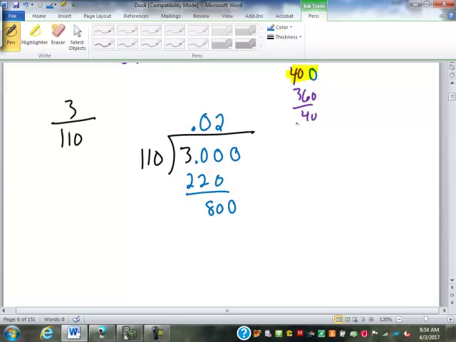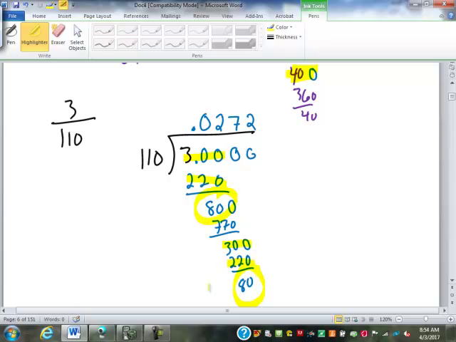Add a 0. 110 going into 800. 7, so it's 770. That'll be 30 left over. Add a 0. 110 goes into 300. Twice, that's 220. Now you should see a pattern here again. We had 300, 220, 300, 220. Left with 80, left with 80.